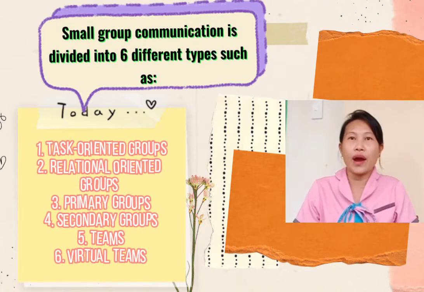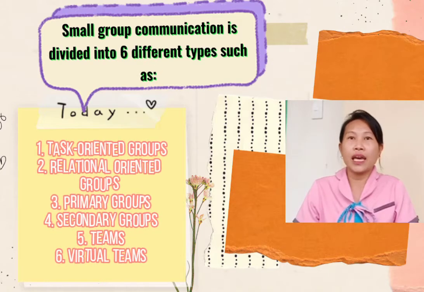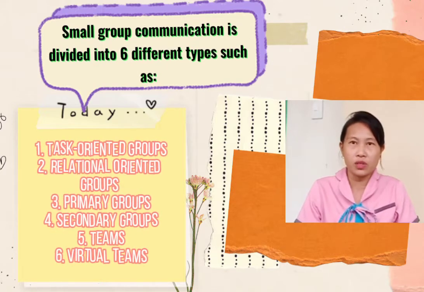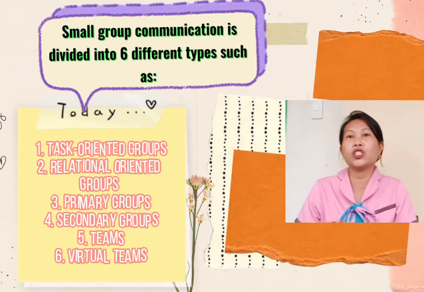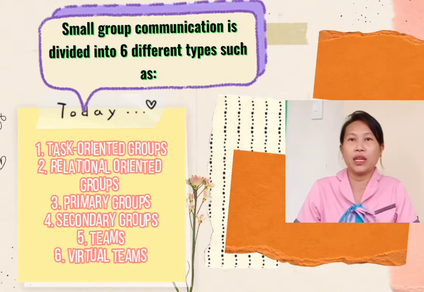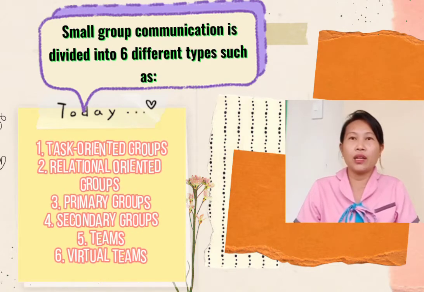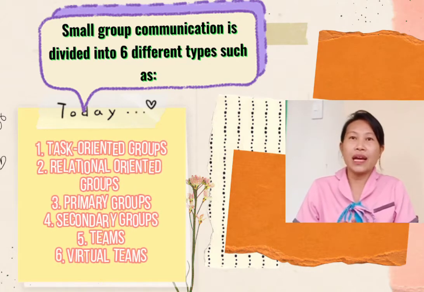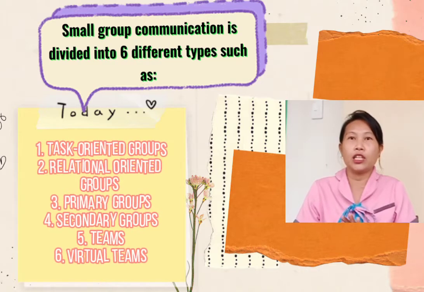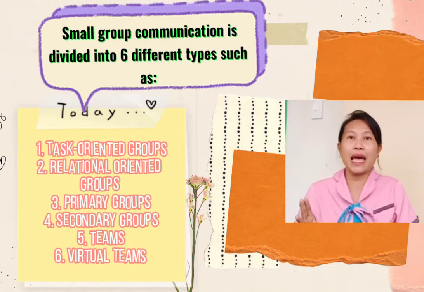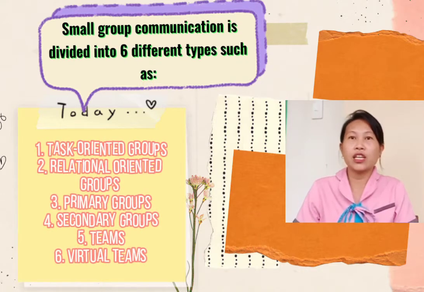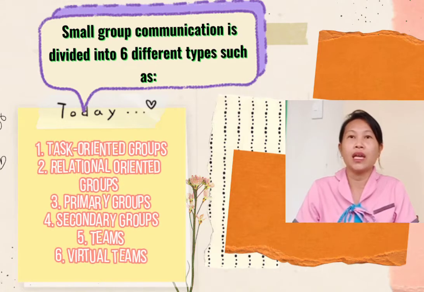Task-oriented groups require problem-solving skills to accomplish goals, and the structure of these groups is more rigid than that of relational-oriented groups. Task-oriented groups are divided into 3 main types: production, discussion, and problem-solving tasks.